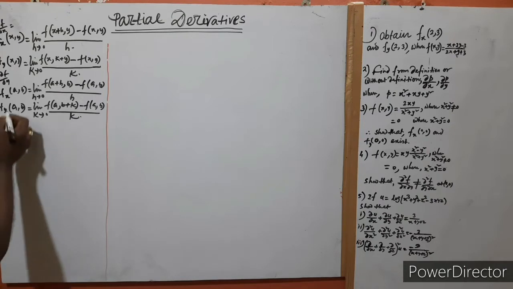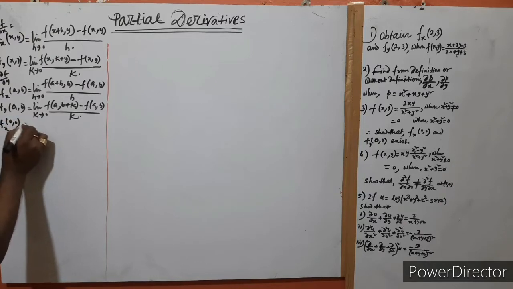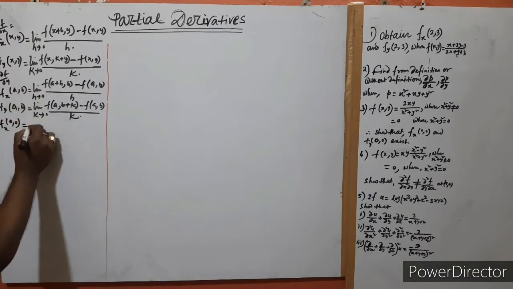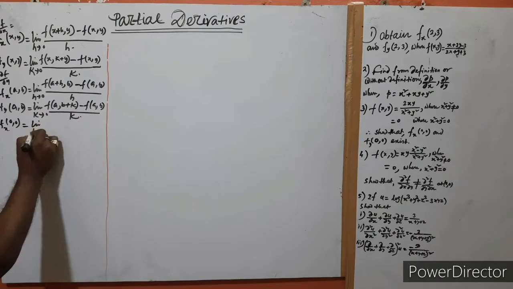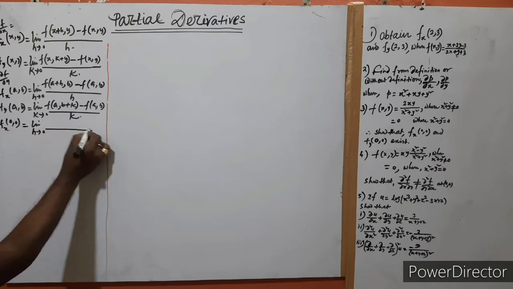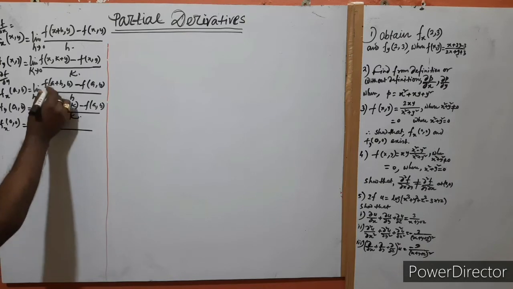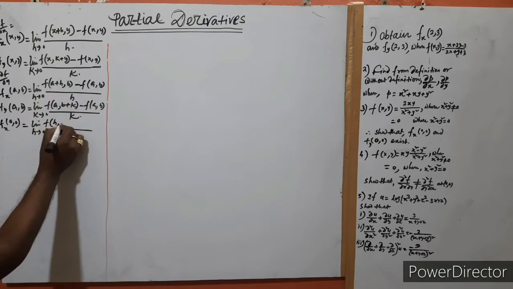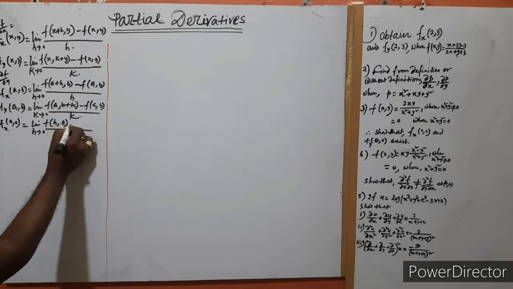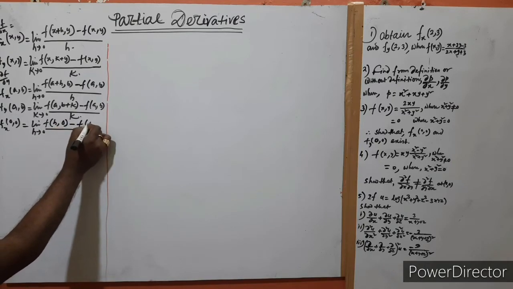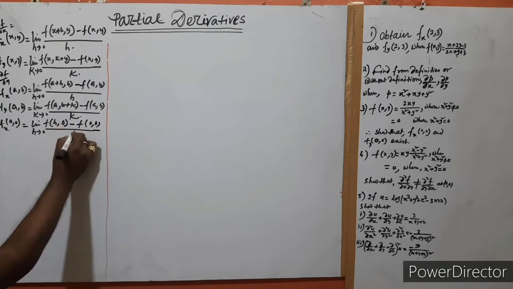In case of 0, at 0 comma 0, the notation is limit h tends to 0. In place of a we write f of 0 plus h, so it is h comma 0, minus f of 0 comma 0, divided by h.